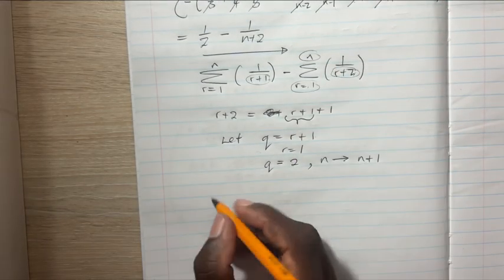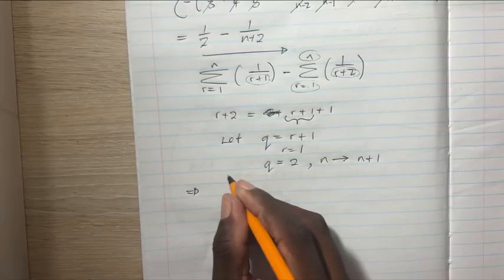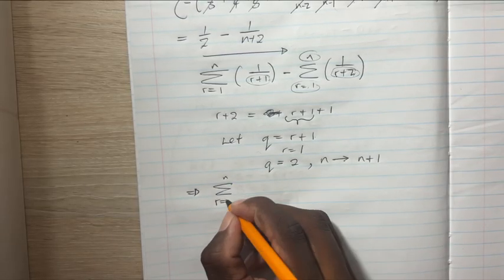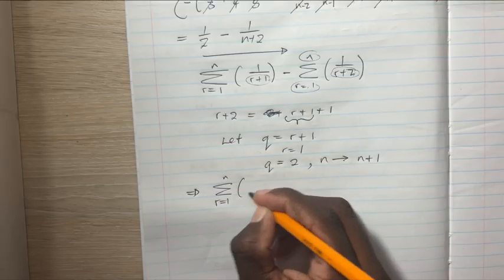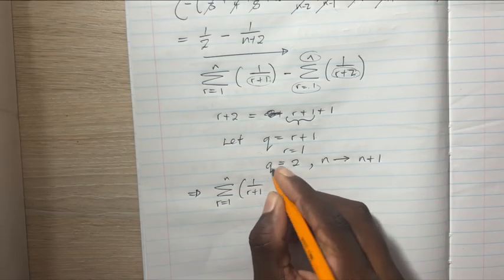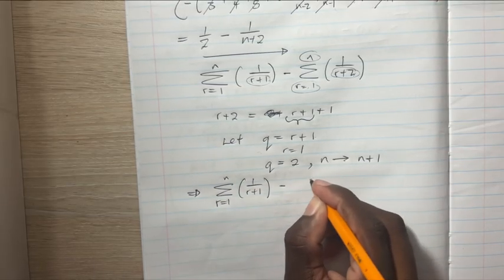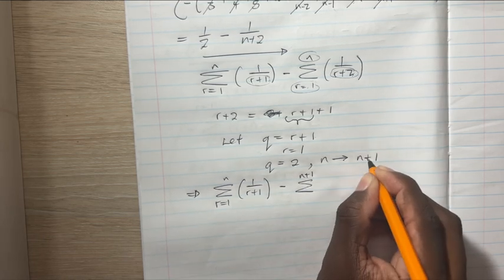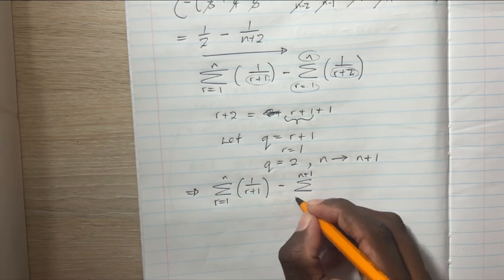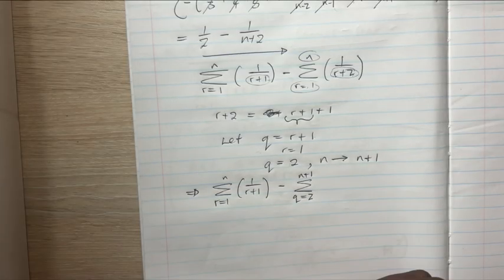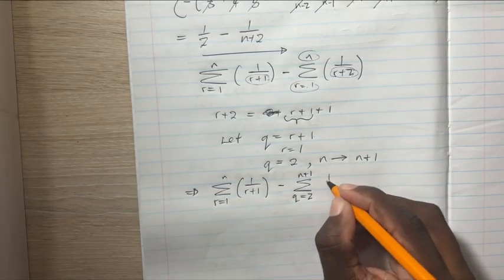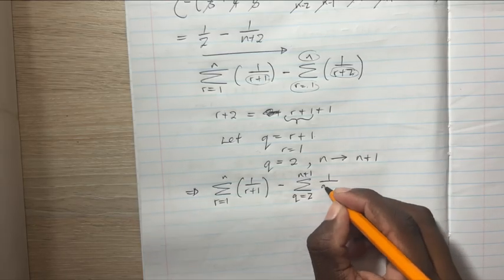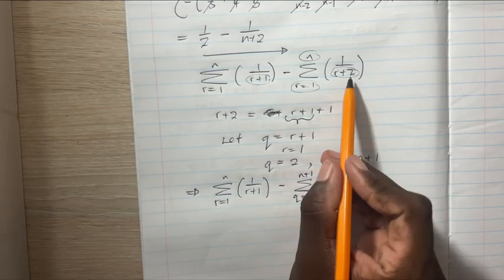Now let's write the full things. We have sum up to n from r equals 1 of 1 over r plus 1, minus sum to n plus 1. Our upper bound is changed from q equals 2, 1 over what is r plus 2, it's q plus 1, right?